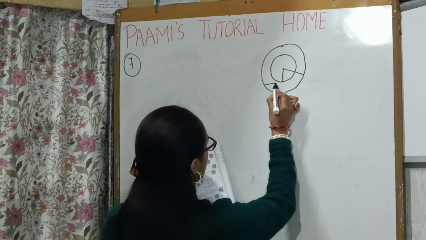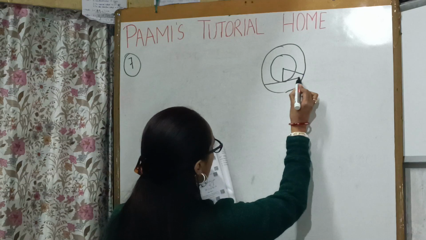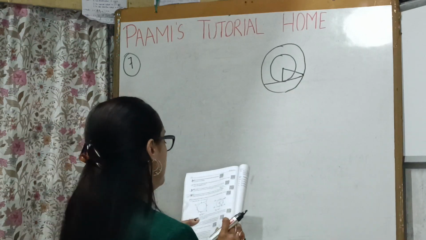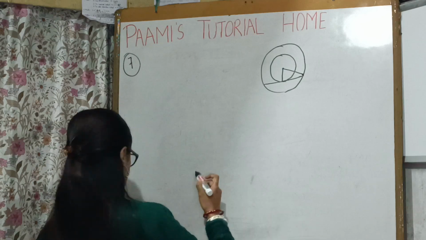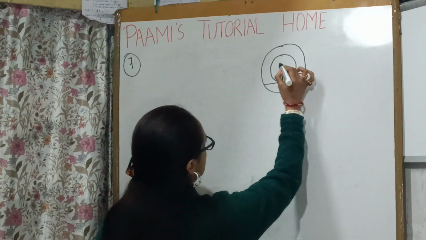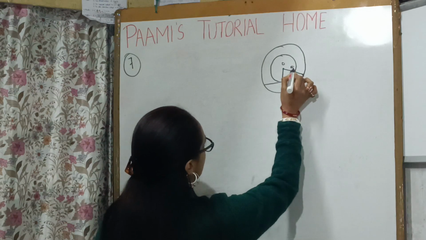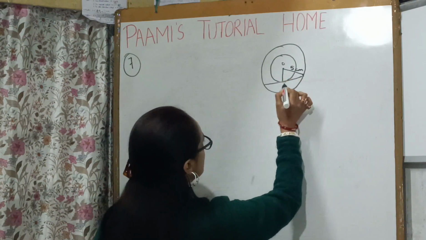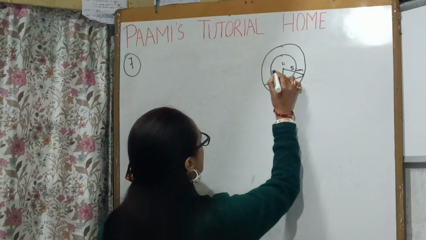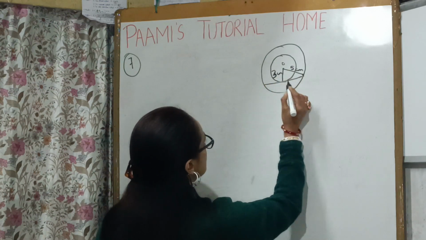This is your chord of the larger circle which touches the smaller circle. So yes, this is touching the smaller circle here. So O, this is 5 centimeter, this is 3 centimeter.